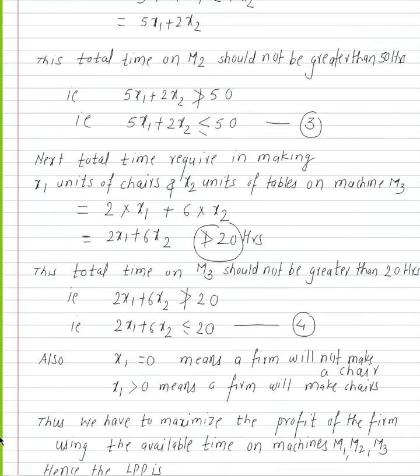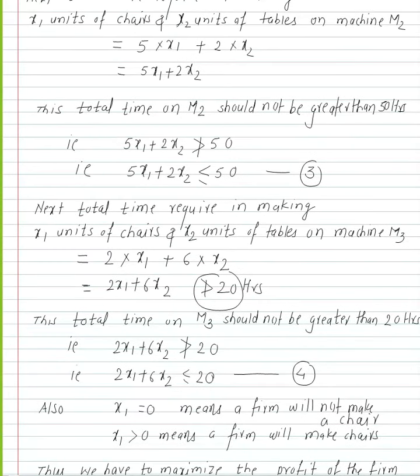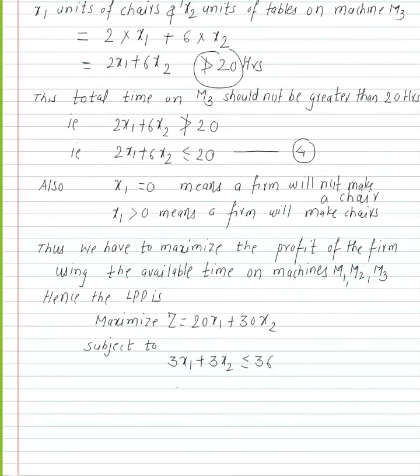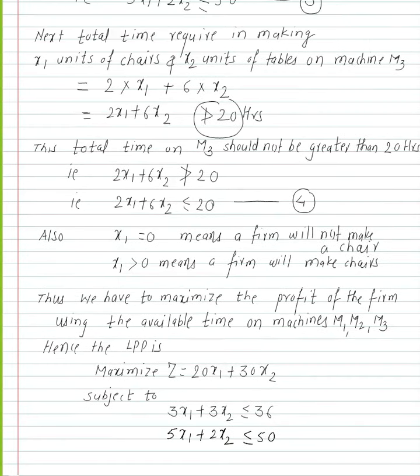Constraint on machine M2 is 5x1 plus 2x2 less than or equal to 50. And constraint on machine M3 is 2x1 plus 6x2 less than or equal to 20.